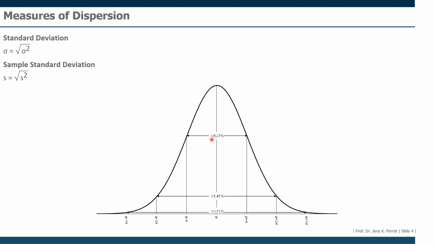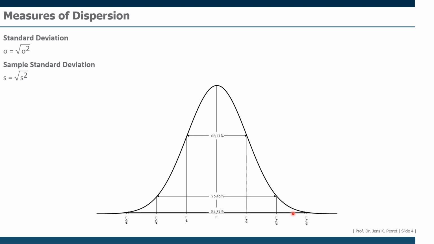So here it's 68.27%. Mean plus minus 2 standard deviations covers more than 95%. That's actually also one of the many reasons why we use margins of errors of 5%. That's more or less plus minus 2 standard deviations.